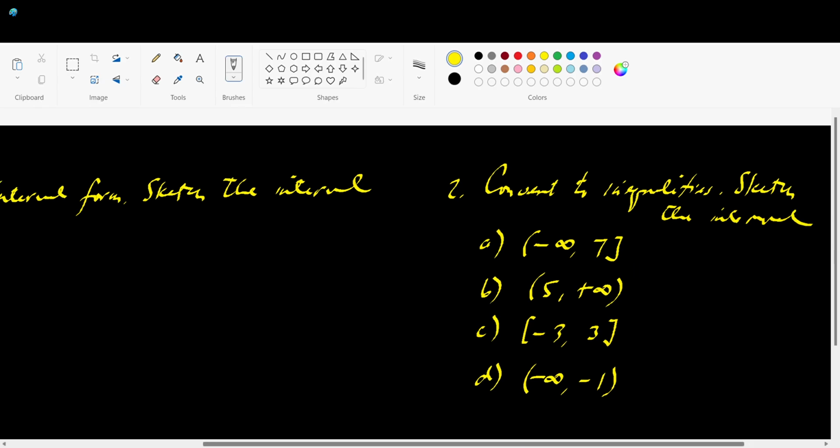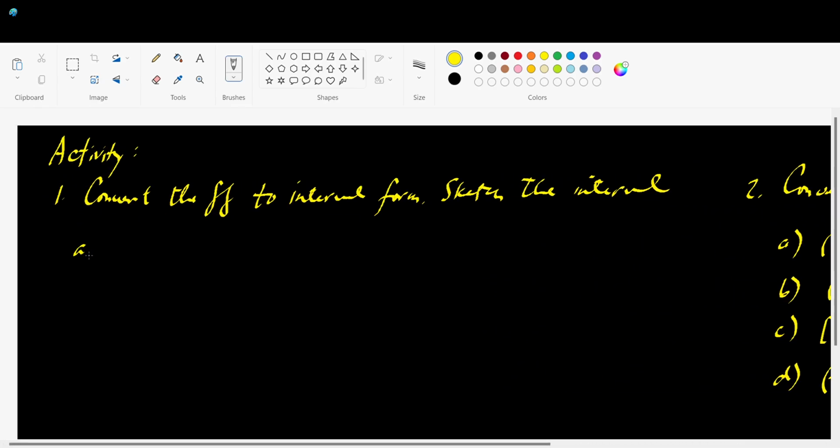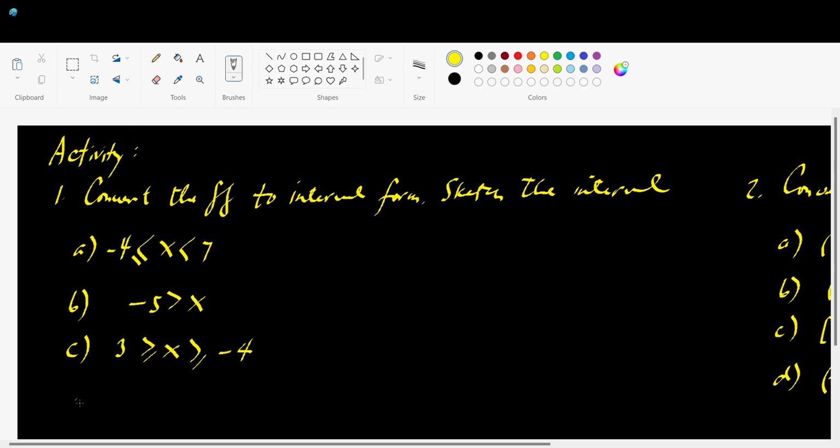Alright, now while this one should be inequalities, negative 4 to 7, negative 5 is greater than x, x is between less than 3, greater than negative 4, and d, x is less than or equal to 1.